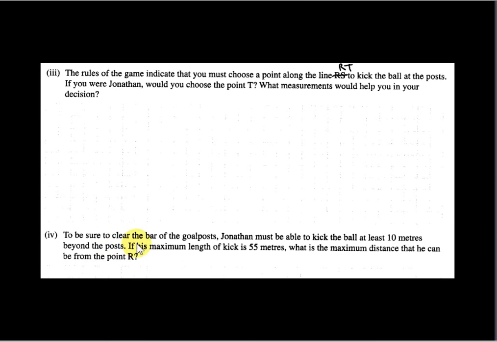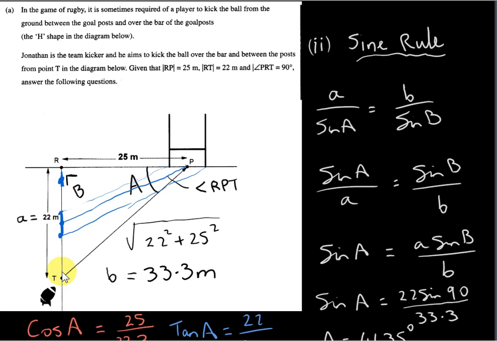To be sure to clear the bar of the goal posts, Jonathan must be able to kick the ball at least 10 meters beyond the posts. If his maximum length of kick is 55 meters, what is the maximum distance that it can be from the point R?